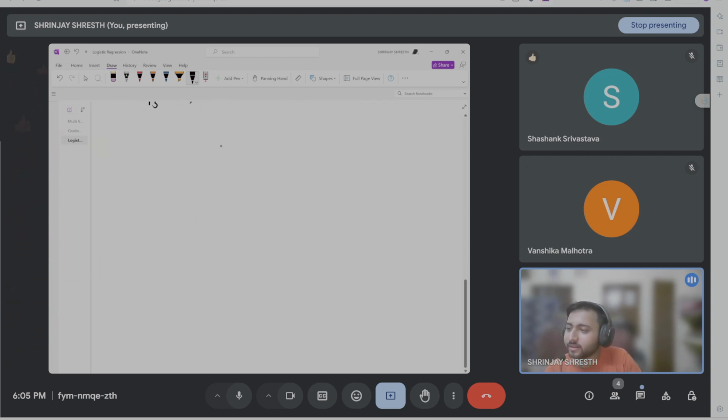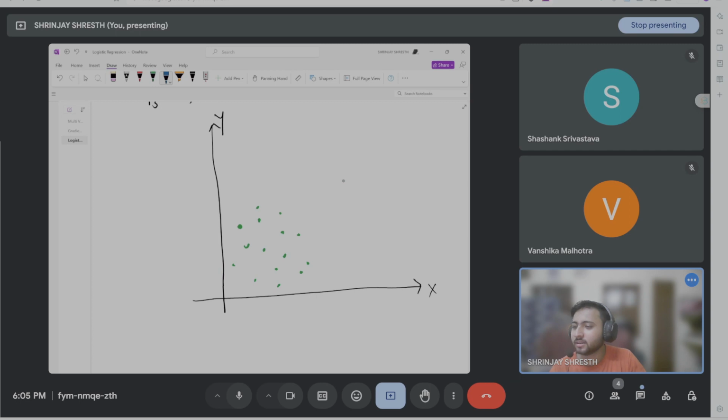So let's see what it is. Let us have something like this. Your data set has something like this. This is your y, this is your x. So I'm assuming you have your data something like this. Let me put it in points. These are your one class.